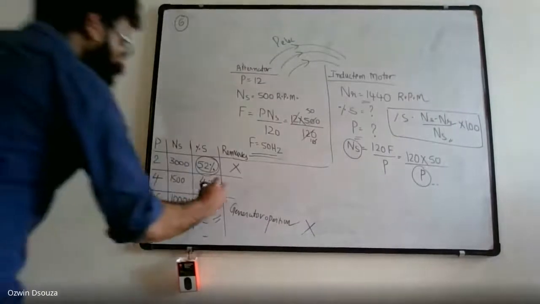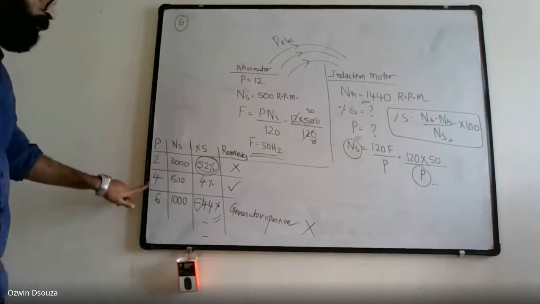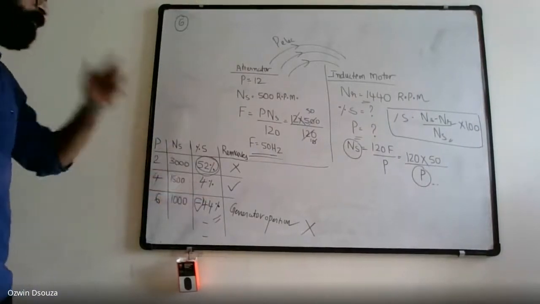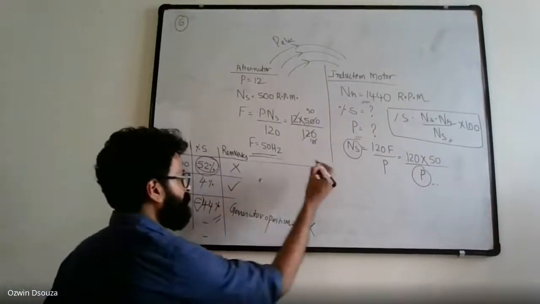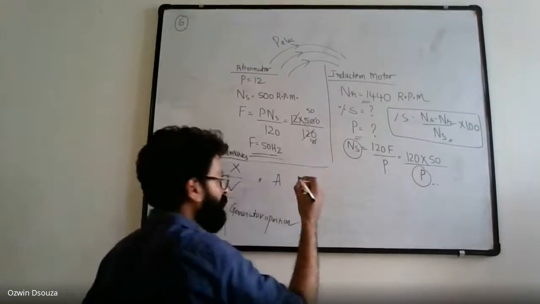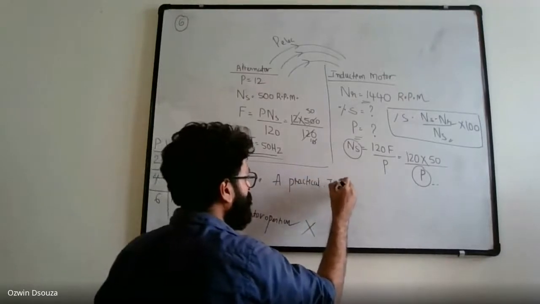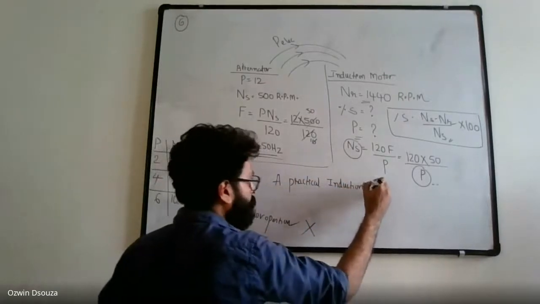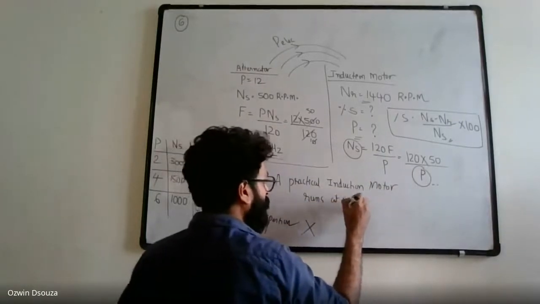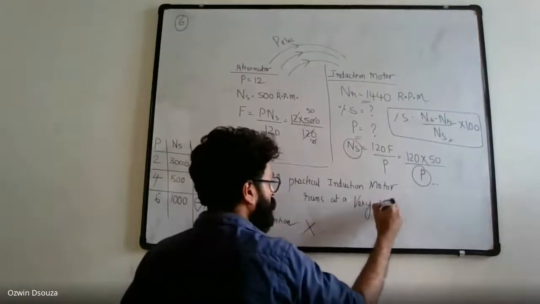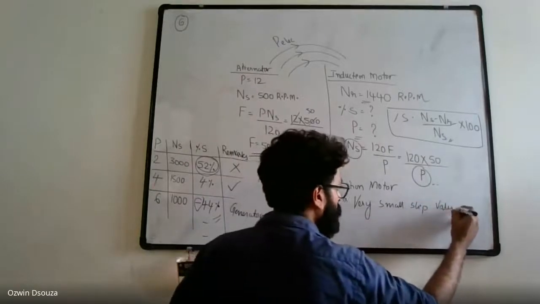So only case 2 looks valid, because P is equal to 4 gives a very small slip value. Probably here you can write the conclusion, along with me: a practical induction motor runs at a very small slip value.